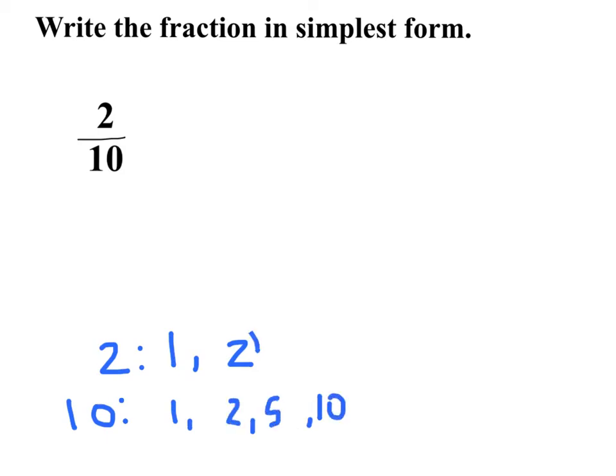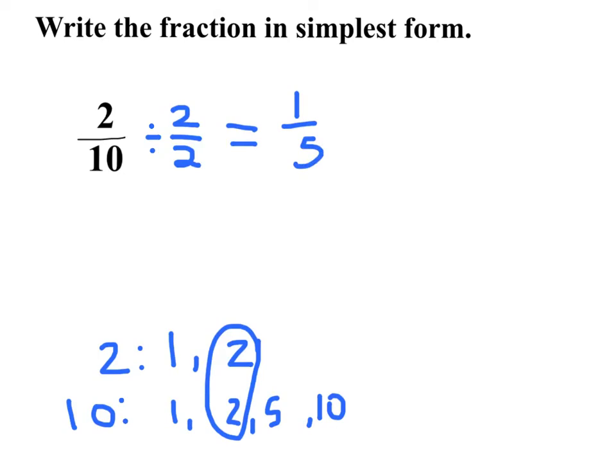Obviously, right there I can see the greatest common factor that 2 and 10 share is 2. So my rule is divide the numerator and denominator by the greatest common factor. So I'm going to divide 2/10 by 2/2, which equals 1 whole. And that'll equal 1/5. How did I get 1/5? Because 2 divided by 2 is 1, and 10 divided by 2 is 5.